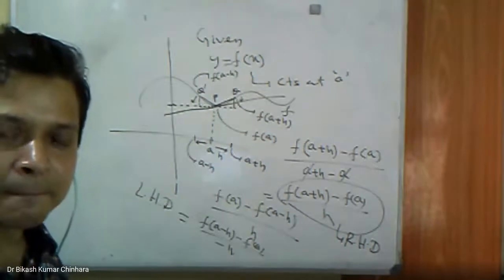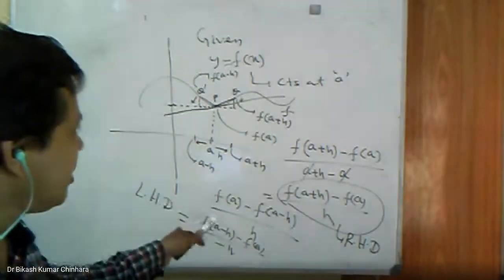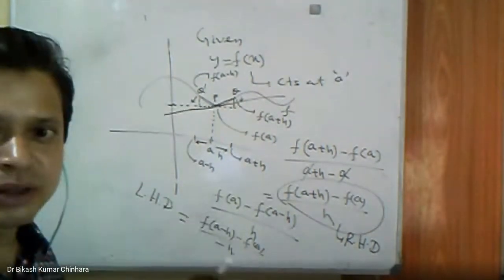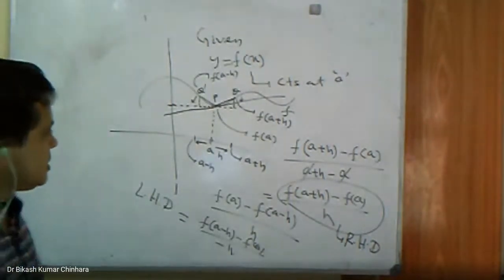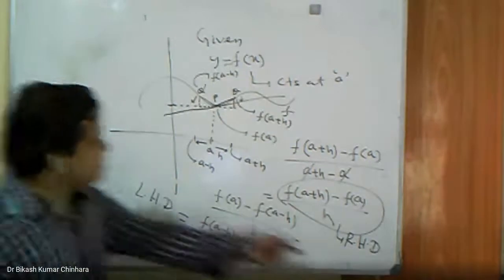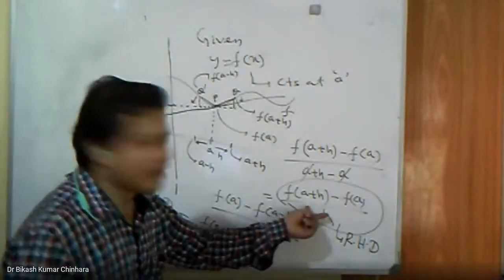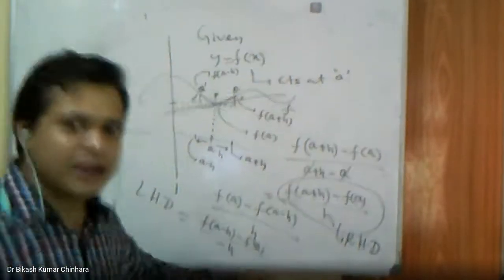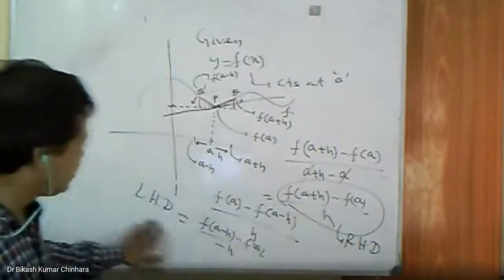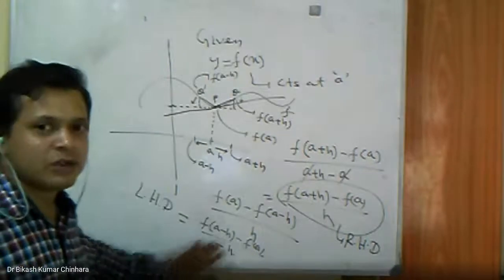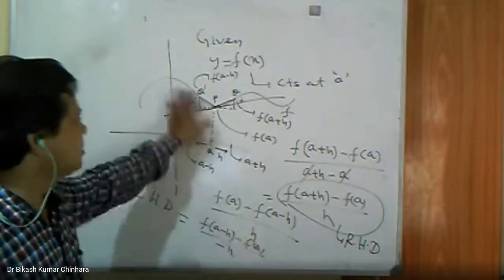And you cannot find any of these types of thing in a book in this manner. So this is RHD. I'm defining RHD like this. In your book, you will find it like this. Just remember that RHD is like this, and that LHD is like this. Why it is defined like this, I have explained.